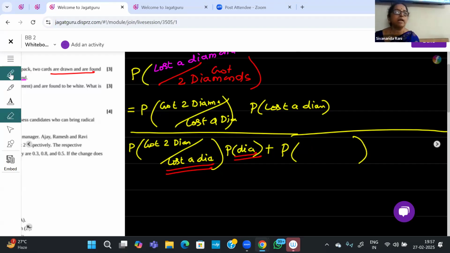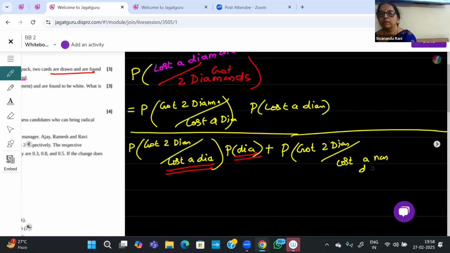If you didn't lose a diamond, what you would have lost? Other cards. Yeah. You would have lost a non-diamond. Understood? Lost a non-diamond, into probability of losing a non-diamond.